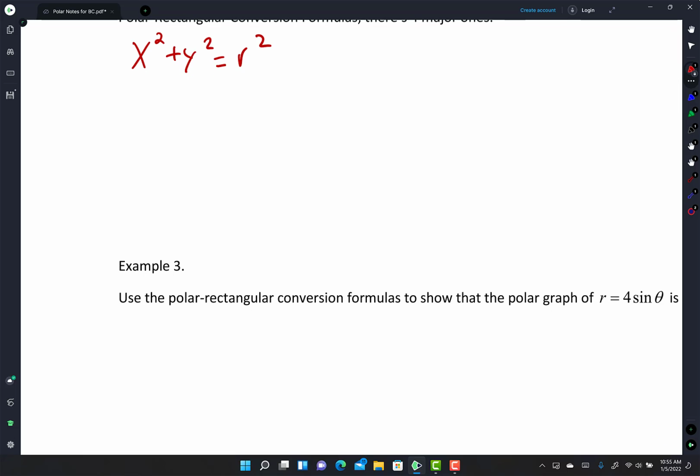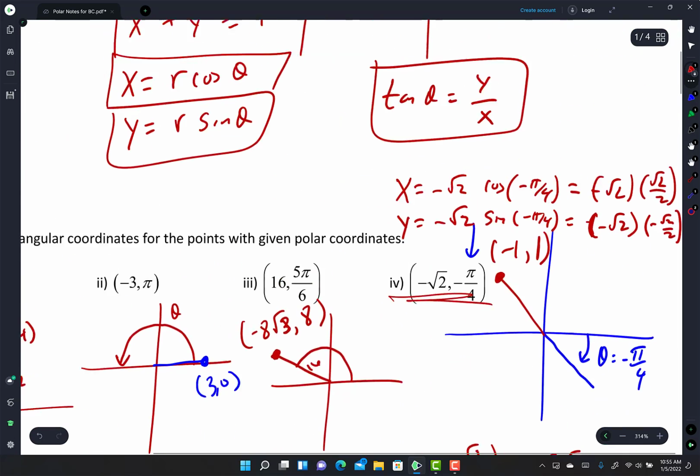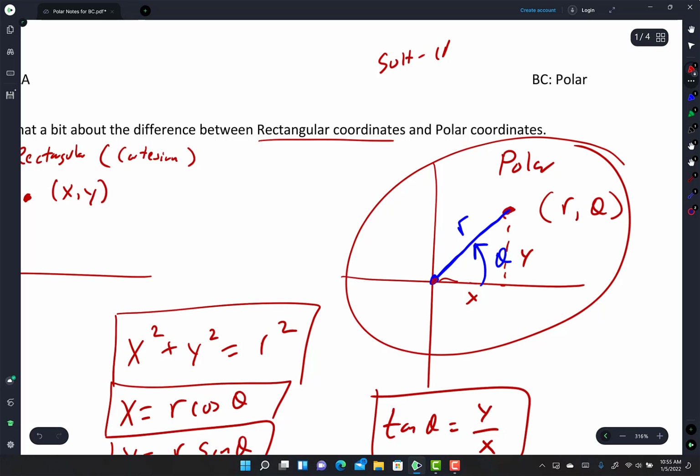x has to equal r cosine theta, y has to equal r sine theta, and tan theta equals y over x. Guys, none of these formulas are just made up. They are all derived from literally this one right here, SOHCAHTOA.